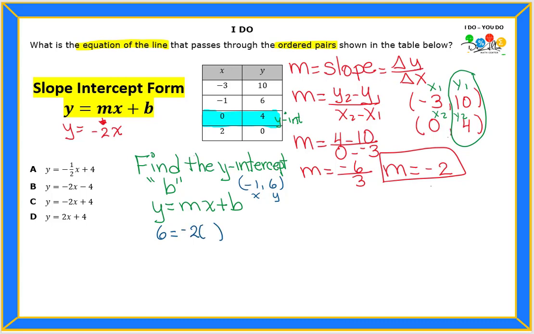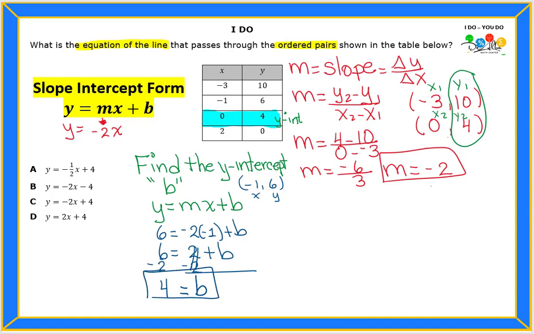And x is -1, plus b. So -2 times -1 is actually +2, plus b. I need to leave b by itself, so I need to get rid of the +2. So I need to remove that 2 by subtracting 2 on both sides. The 2's are going to cancel, and I get b equals 6 minus 2, which is 4.